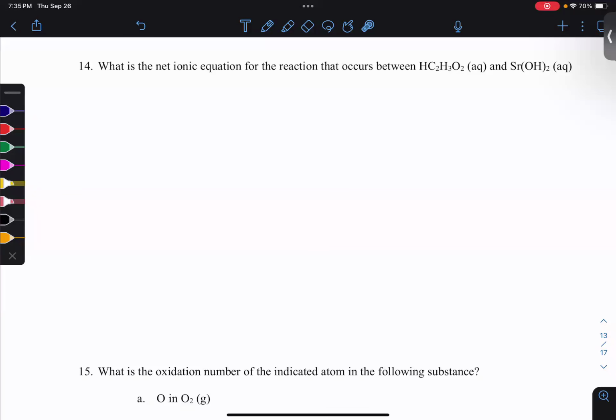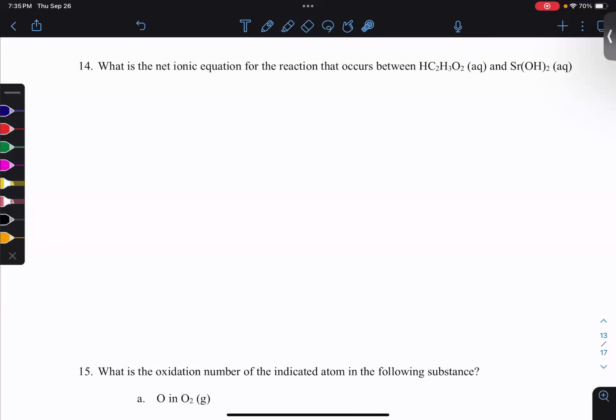Okay, let's keep going. Let's do a net ionic equation, but in a neutralization reaction, which is just a special case of a double displacement reaction, where we're taking an acid and a base and making water.